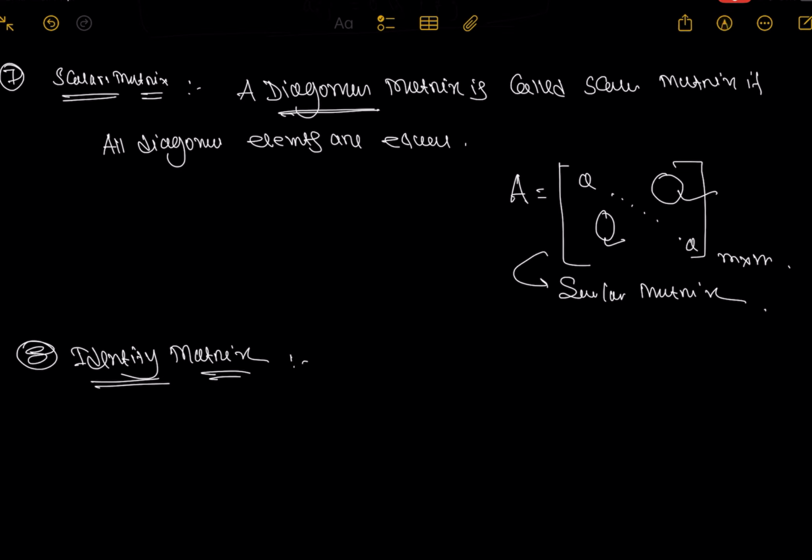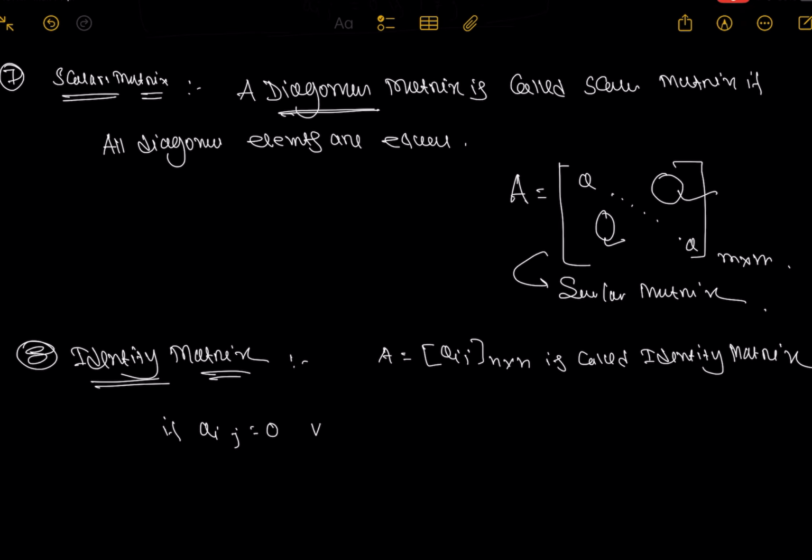What is that? Let us consider a square matrix A equals A of ij, n cross n, called an identity matrix if A of ij equals 0 for all i not equal to j, and A of ij equals 1 for each i equal to j.